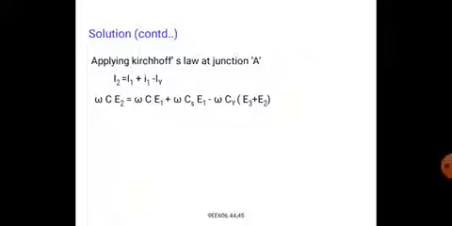Applying Kirchhoff's law at junction A, capital I2 is equal to capital I1 plus small i1 minus Iy.